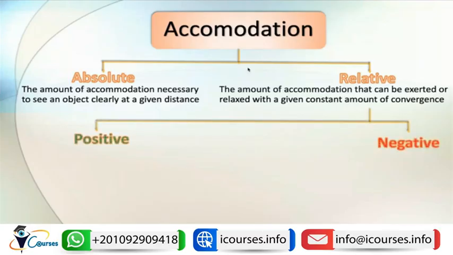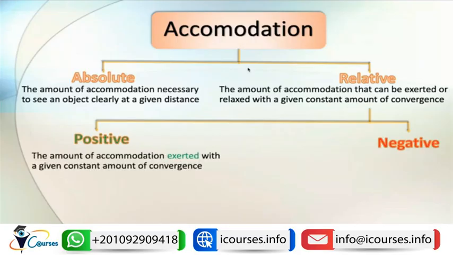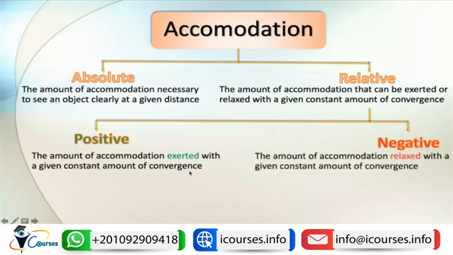And this can be further subdivided into positive and negative. So what is positive relative accommodation and what is negative relative accommodation? Positive relative accommodation is the amount of accommodation exerted with a certain given amount of convergence, while negative is the certain amount of accommodation relaxed with a given amount of convergence.